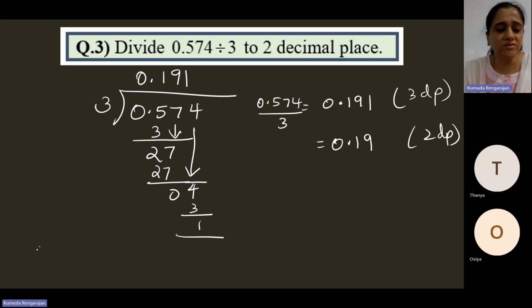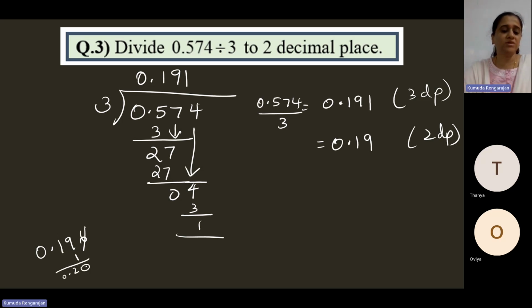See, if supposing the answer was 0.196. Now the 6 is more than 5. So take it away and add 1 here. So it'll be 0, 1 carried over, 2. The answer will be 0.20. If the digit which you have to remove is more than 5, take it away and increase the previous digit by 1.